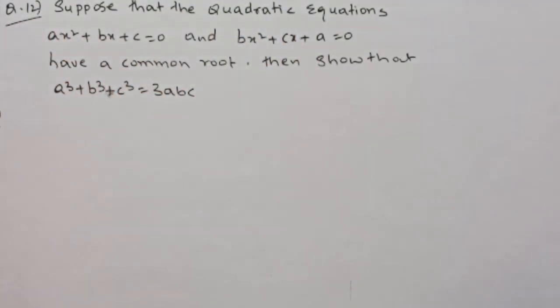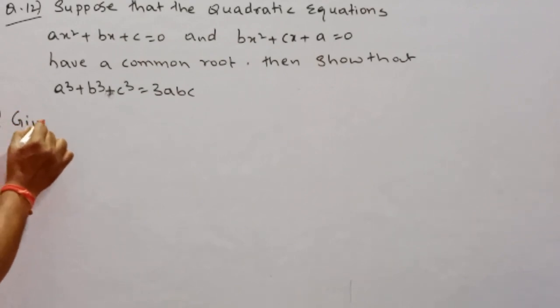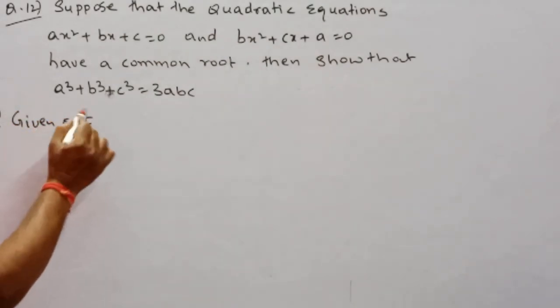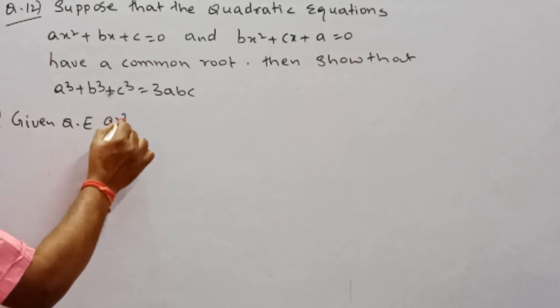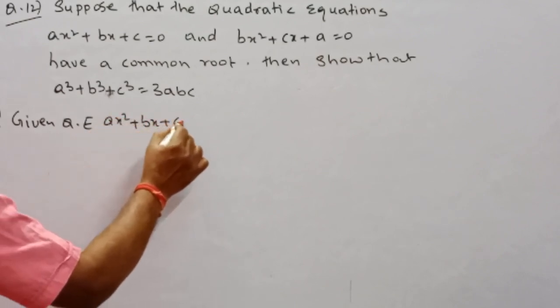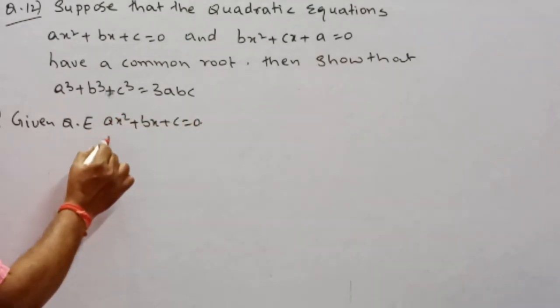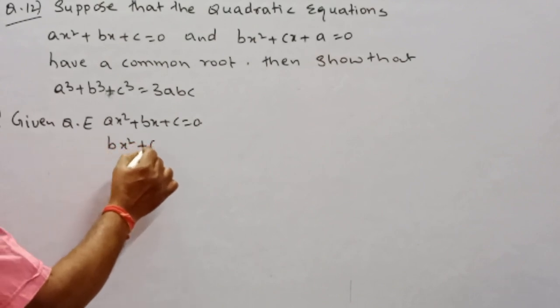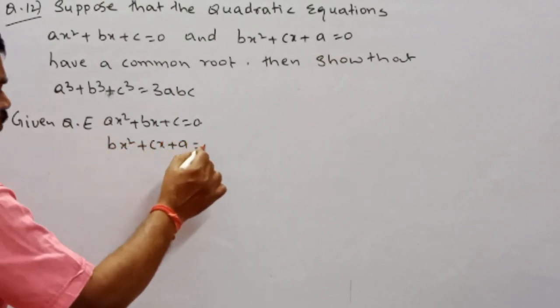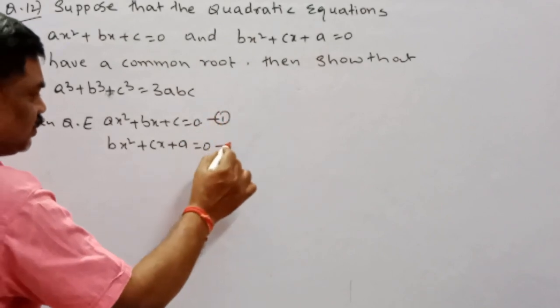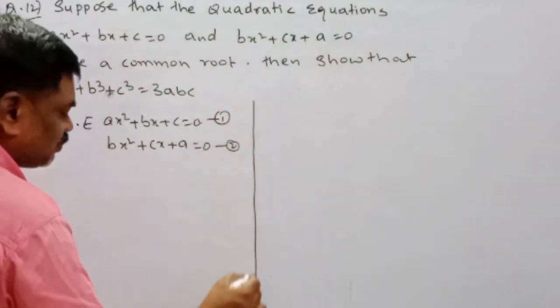So how to solve? You see here, the given quadratic equations are ax square plus bx plus c equal to 0 and bx square plus cx plus a equal to 0. This is equation 1 and this is equation 2.